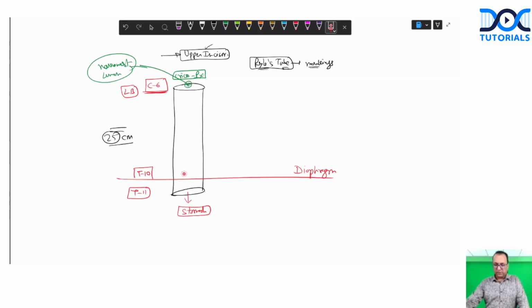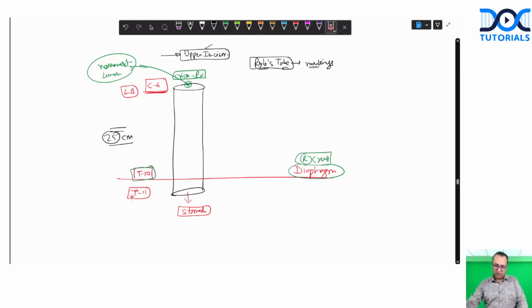Then the esophagus has to pass through the right crus of the diaphragm to enter the abdomen. It is T10 vertebra, and it is at T11 vertebra that it will be continuous with the stomach. So some part of the esophagus is definitely below the diaphragm in the abdomen.